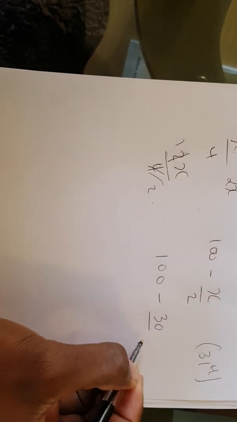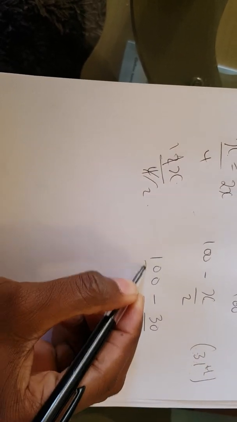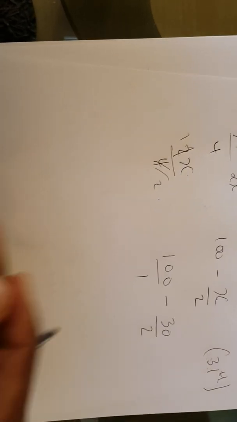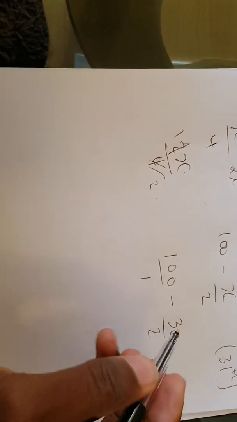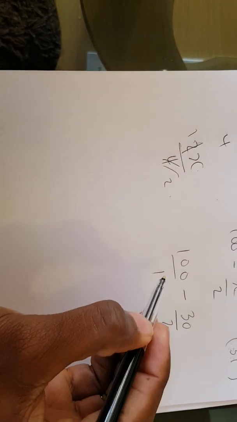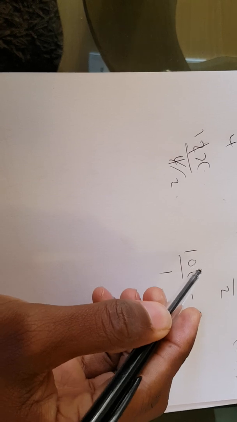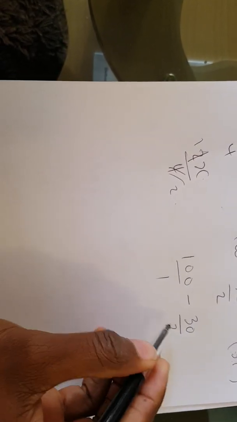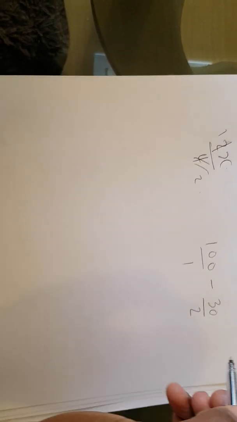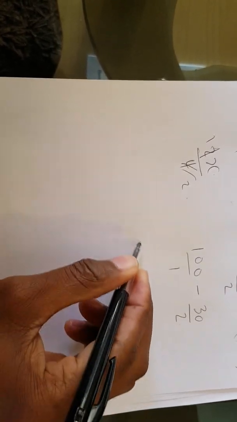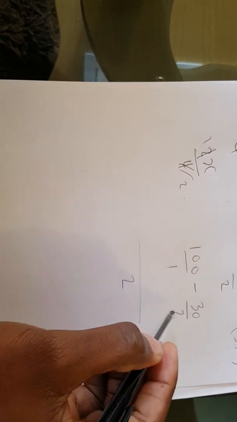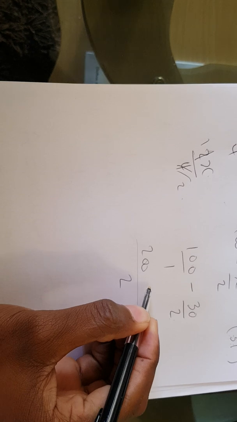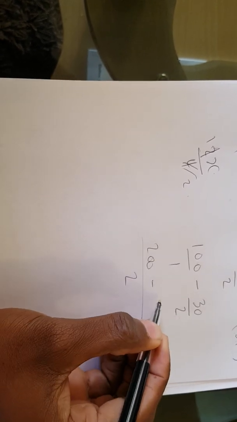So we'll divide by 2. So this one you can say it's over 1. So how much will you get? If you have a Casio calculator, you can just use the fraction of 100 over 1 minus 30 over 2. But since I don't have a Casio, I'll just find the LCD. 1 times 2, I'll get 2, and then here I'll just cross multiply. 2 times 100 is 200 minus 1 times 30 is 30.